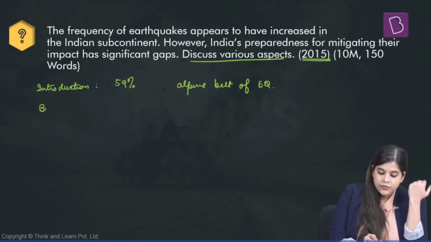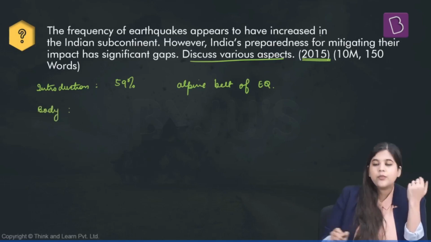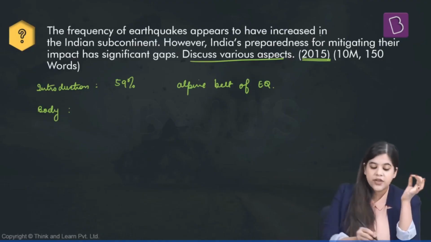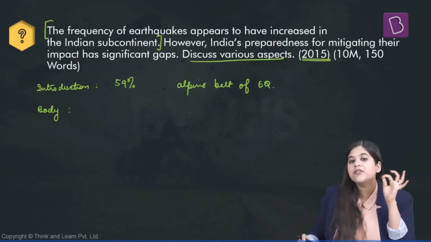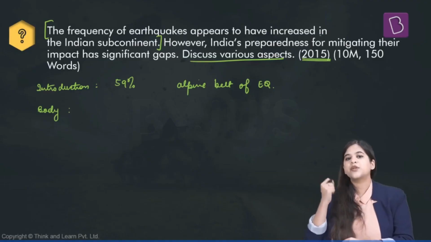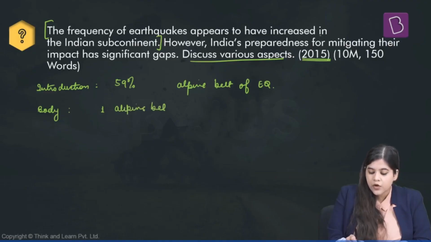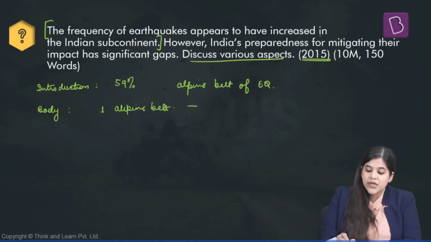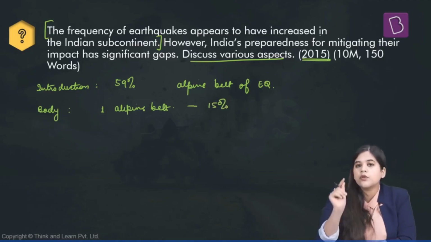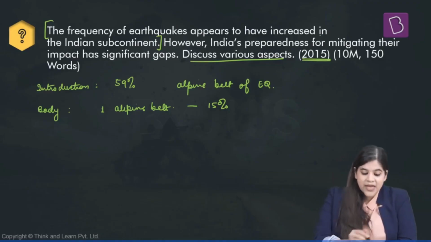Now comes the body part. In the body part, you will first justify the first line, that is, the frequency of earthquakes has appeared to increase. Here you can first say that we already lie on the alpine belt of earthquakes, which experiences 15% of the total earthquakes of the world.